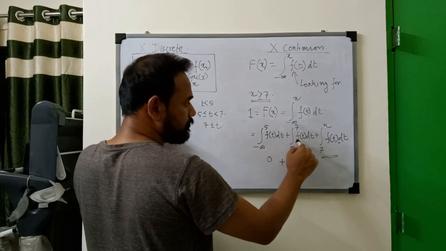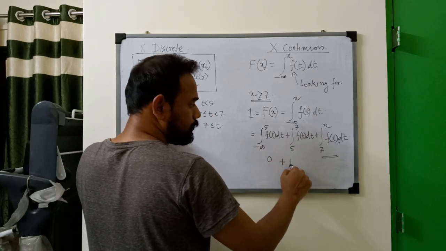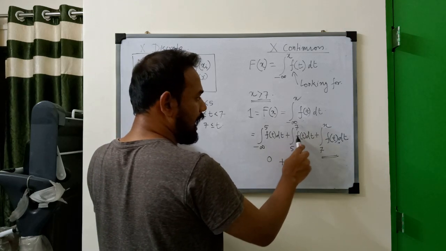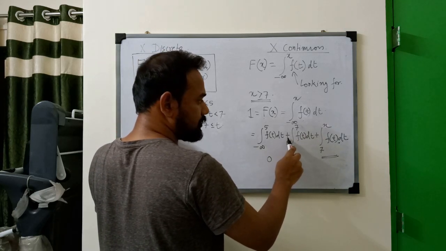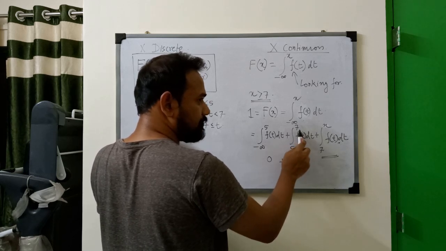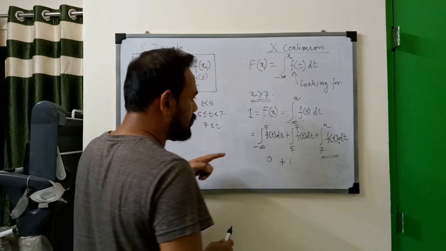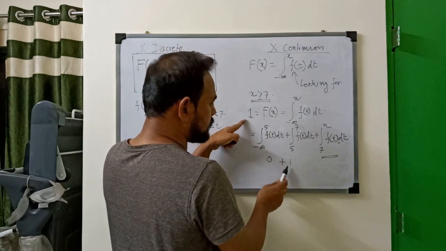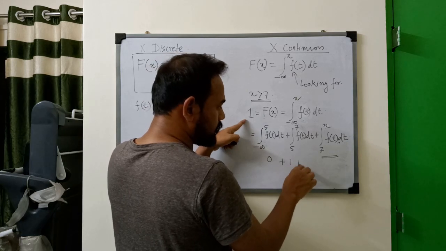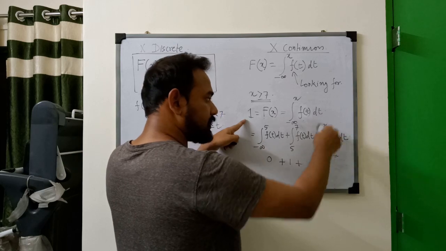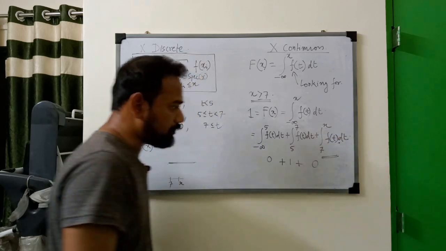So if you just do half, you will get 1, because half is a constant that comes out, and the integral of dt from 5 to 7 is 2, so 2 into half is 1. So we have already matched the two sides. There's one on the left hand side, there's one on the right hand side. So this tells me that the integration on this interval will have to be 0.